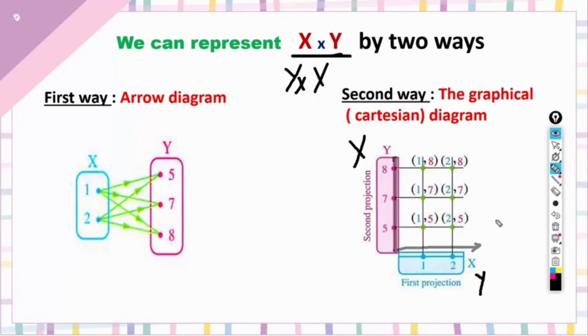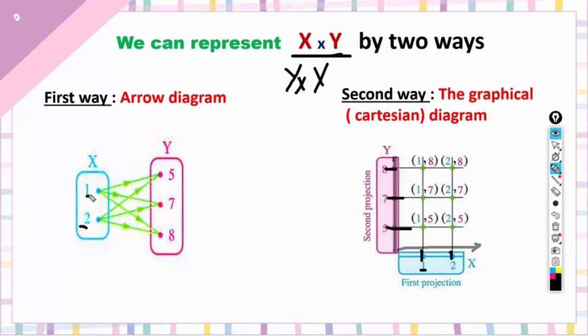Back to our example. X consists of 1 and 2. Put here 1 and put here 2. Y consists of 5 and 7 and 8.